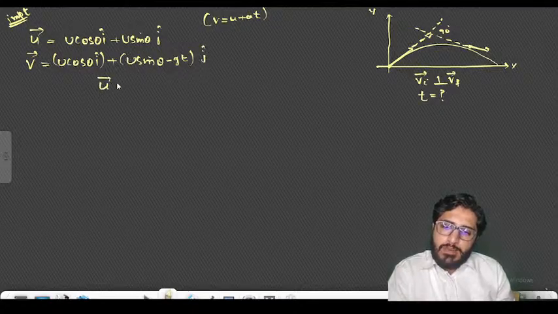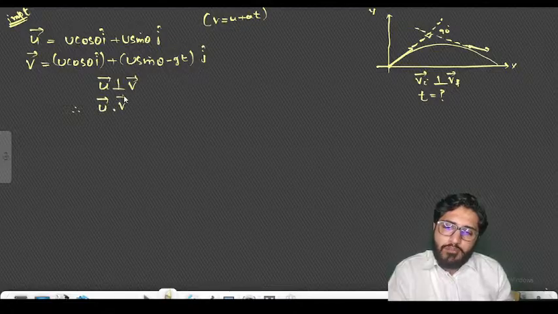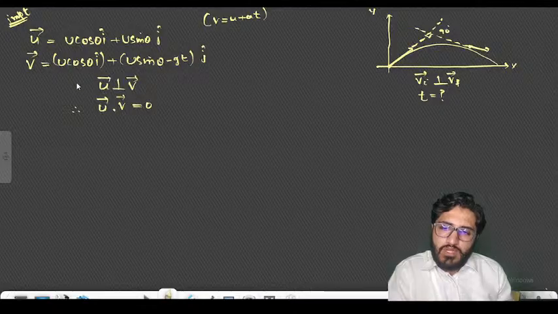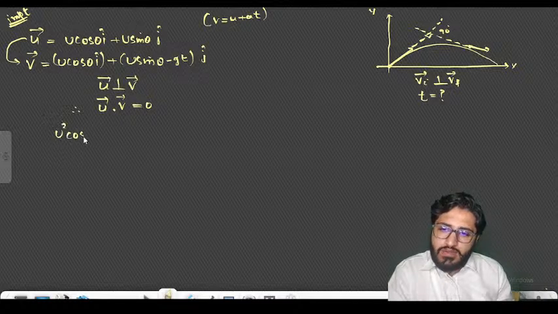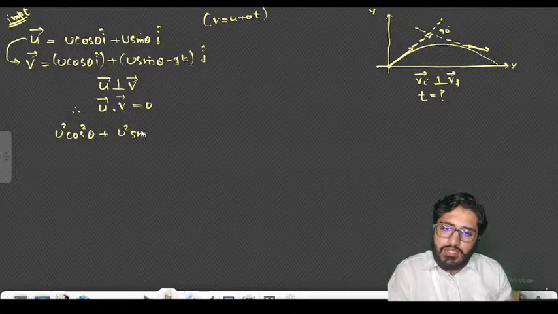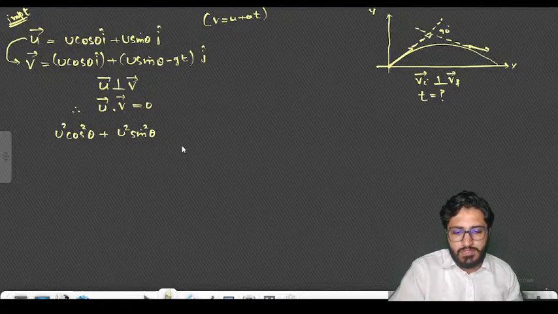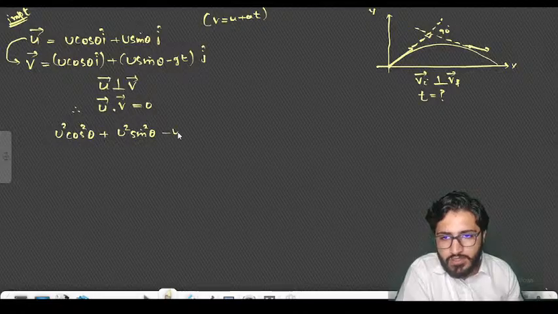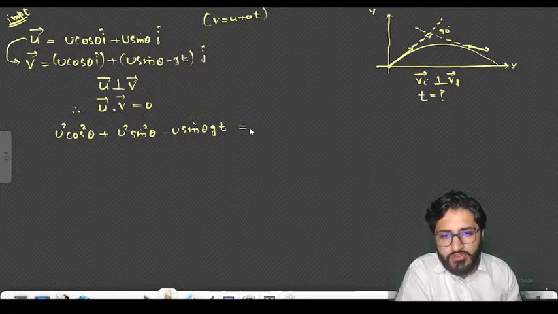One should be perpendicular to the other. Therefore, from vectors, if two vectors are perpendicular to each other, their dot product must be equal to 0. Do the dot product of these two: u cos theta times u cos theta, so I can write u square cos square theta plus u square sin square theta minus u sin theta multiplied by gt equals 0.